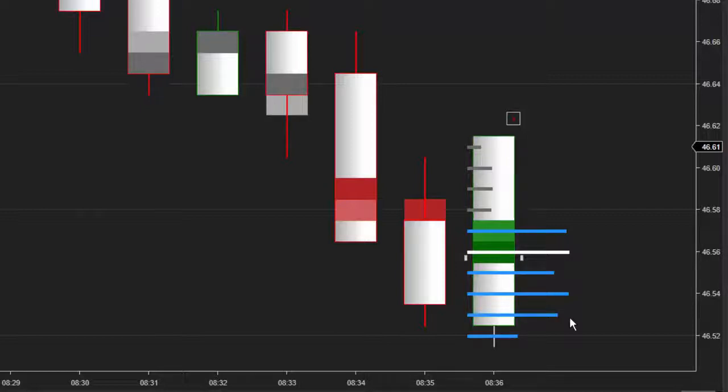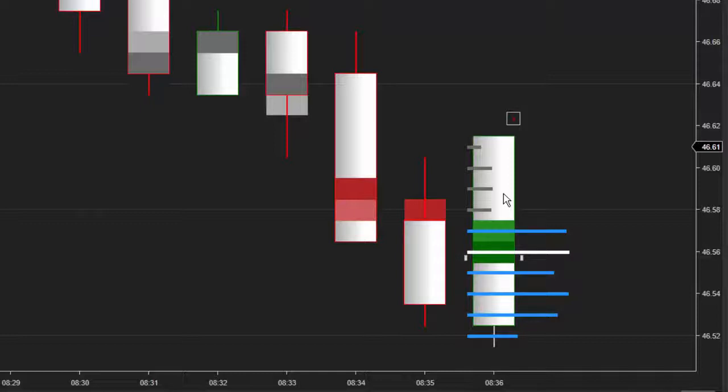Let's break down what the profile and chart period are telling us. The last trade price of the period is up at 46.61 up here. Below that, we can see some light volume in the profile histogram. That's shown in gray, from 41.61 down to 46.58.